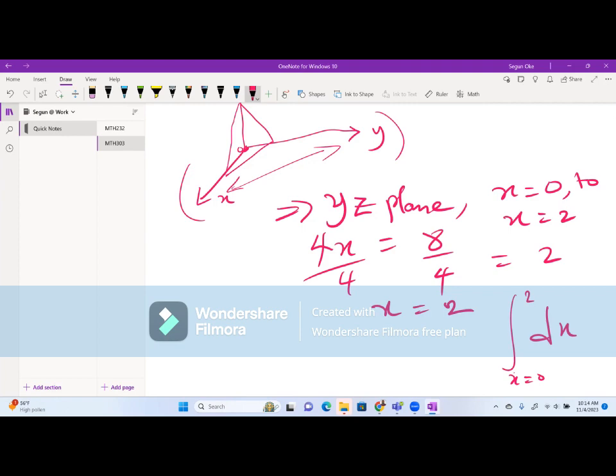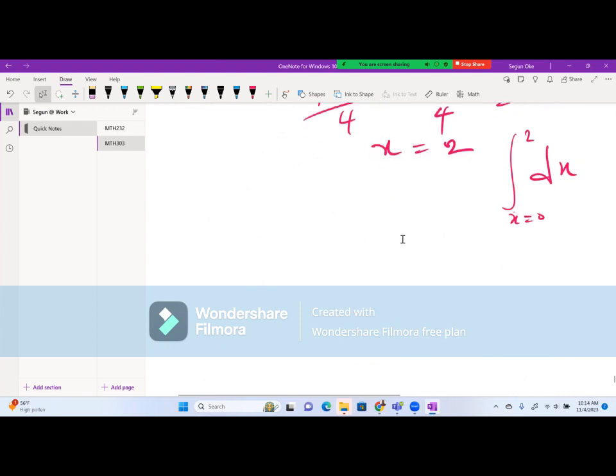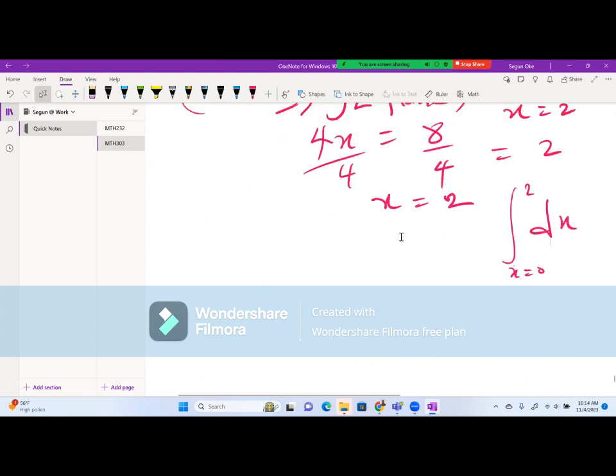Yes, sir. So I want you guys to solve the rest. All I need to do is just to represent the question and go and solve it. I believe you'll be able to do that. So let me now write the question out. This is for x equals 0 to 2.